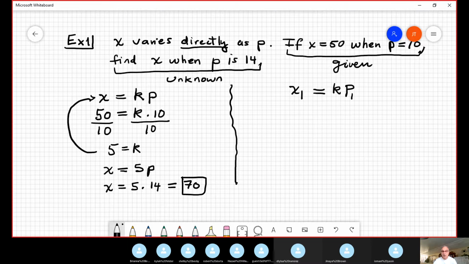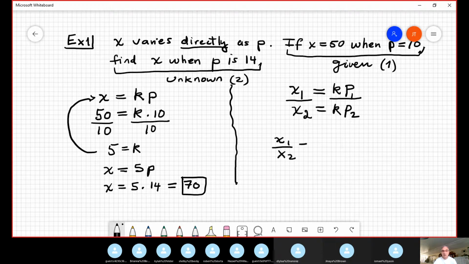I call P1 given. 1 is given and 2 is unknown. x2 is equal to k p2, and by the way, k is the same because it's the constant of variation connecting both. If you divide both equations, division, you have x1 over x2 is equal to p1 over p2, and the k disappears.